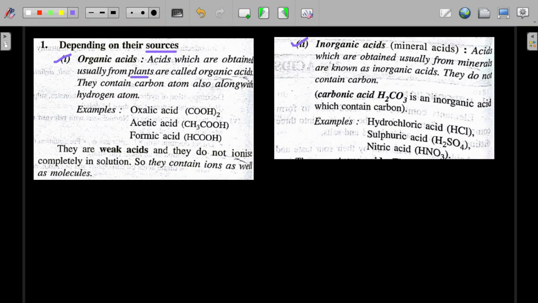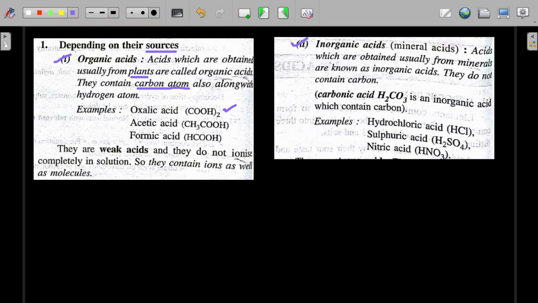Organic acids, usually obtained from plants, animals, or insects, must contain a carbon atom. Organic chemistry is another name for carbon chemistry, so carbon must be present in any substance if you have to call it organic.